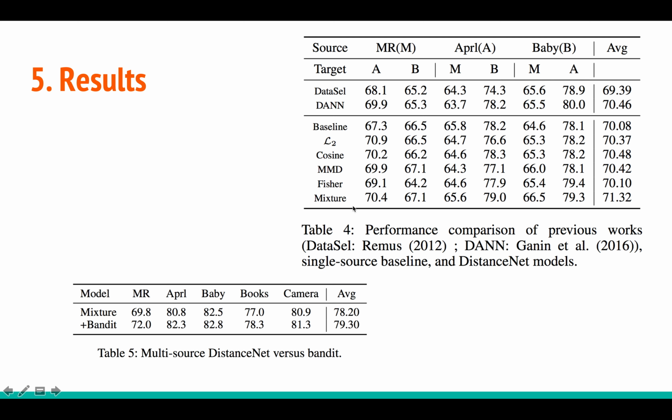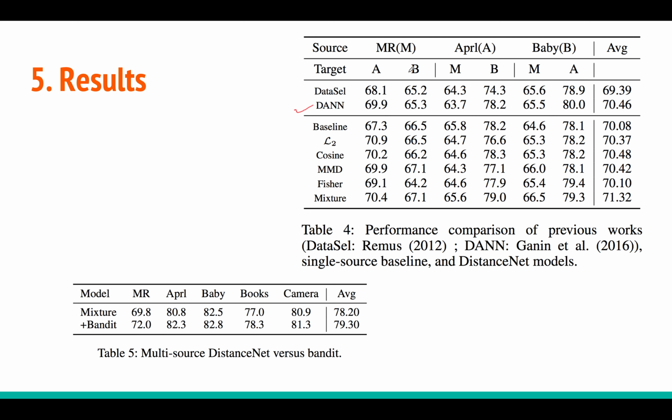So it's just analysis. And coming to the accuracy numbers, you can see here DAN is, as I mentioned, domain adversarial neural nets, the paper by Ian Goodfellow and colleagues, keeping the source domain as MR. Maybe this MR is the name of a dataset, and A is Apple and B is baby.